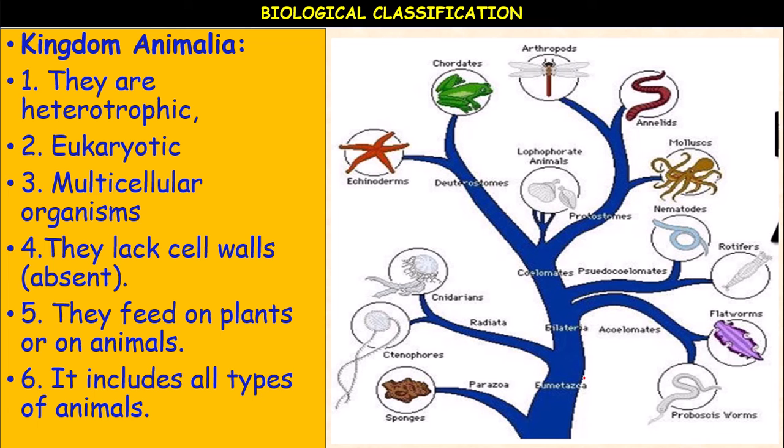They follow a definite growth pattern, and higher forms have elaborate sensory and neuromotor mechanisms. Most of them show locomotion. The sexual reproduction is by copulation of male and female or gamete formation and fusion of gametes, followed by embryo development. This is about the kingdom Animalia.